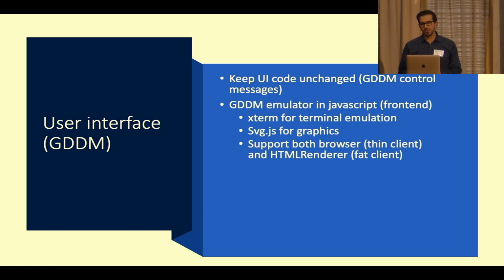We settled for an emulator in TypeScript, which would make it easier to deploy on the web and for the users to use a web browser or HTML renderer if we decided to go with a fat client.